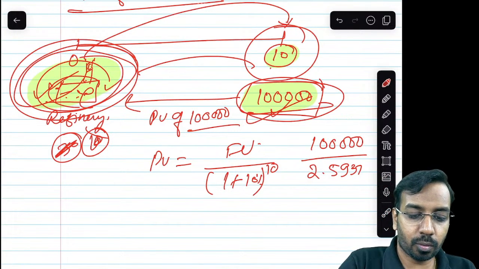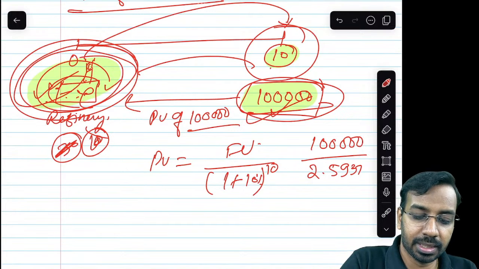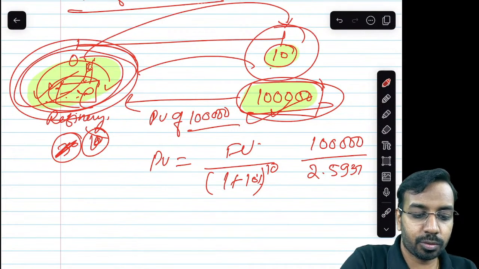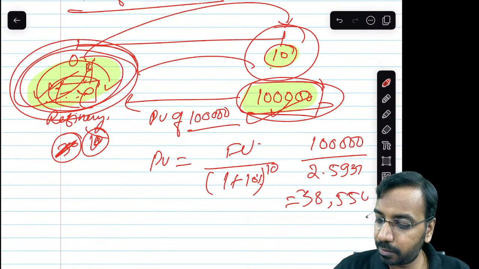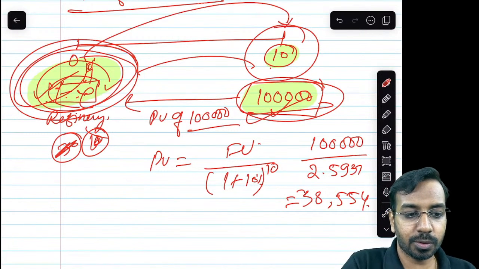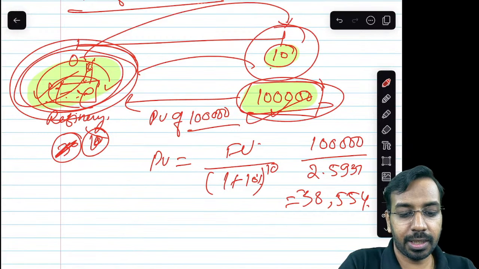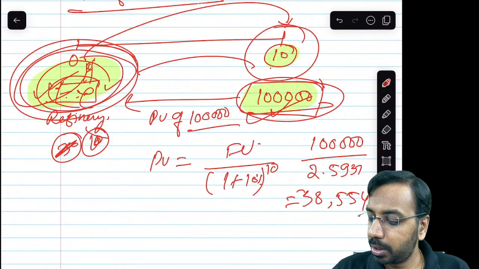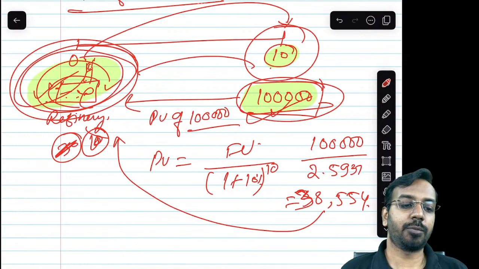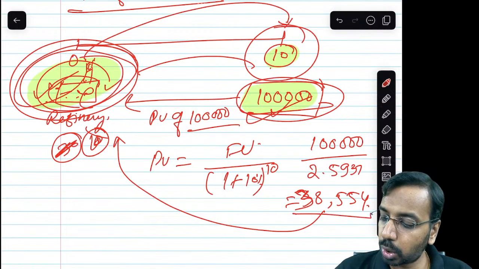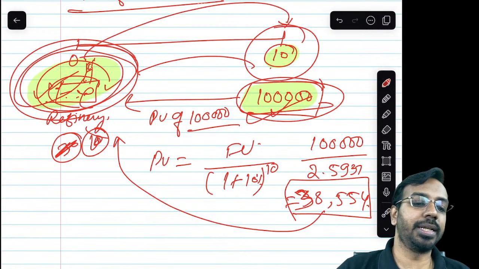So if I take 1 lakh divided by 1.1 to the power of 10, I get 38,554. Now this 38,554, whatever amount I have got, I will add it to the cost of PPE, and this automatically gets depreciated over the 10-year period.